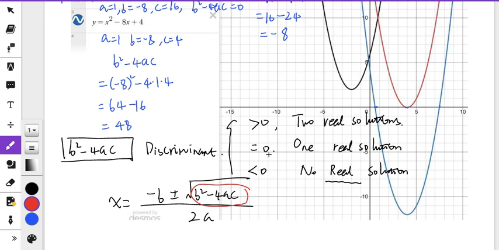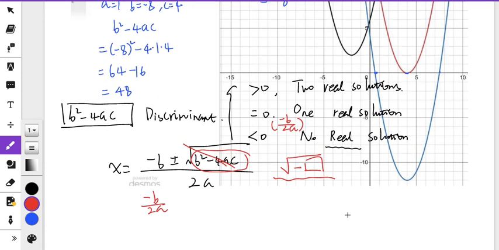However, when this is equal to 0, that means this part is gone, which means the only solution is negative b over 2a. I will put it here, negative b over 2a. That will be the only solution we have here. But if this is less than 0, that means we're dealing with the square root of a negative number. You know it does not exist, so that's why it's not going to work. More information regarding this topic will be discussed in the following lesson.